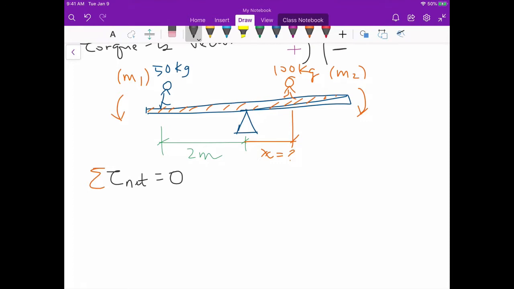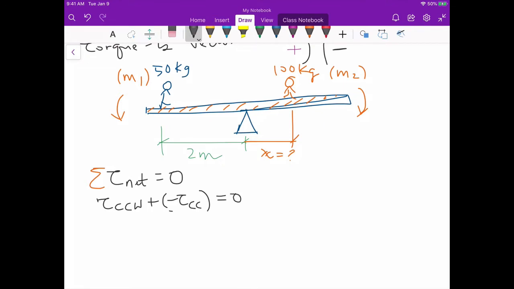That means, as we said, torque counterclockwise is positive plus torque clockwise, which is negative, is equivalent to 0.